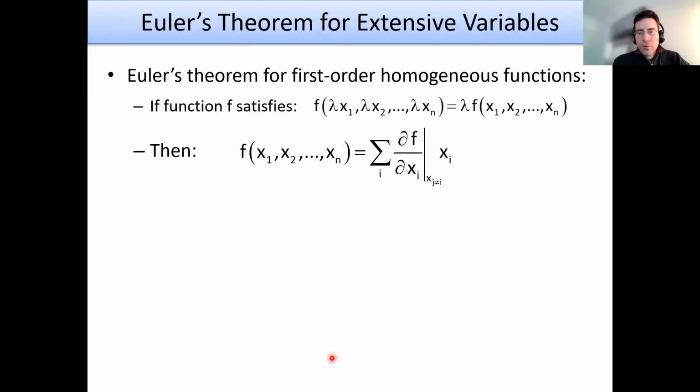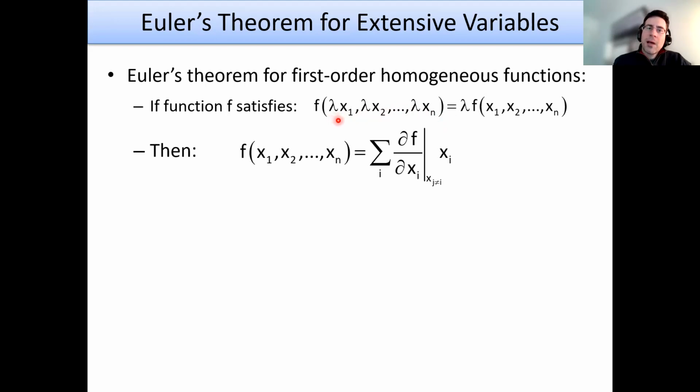One more thing before we go and talk about StatMech: the Euler theorem, which tells us something about first order homogeneous functions. What are these functions? A first order homogeneous function satisfies the following property. First of all, this is a multi-variable function of x1, x2, x3 up to xn.